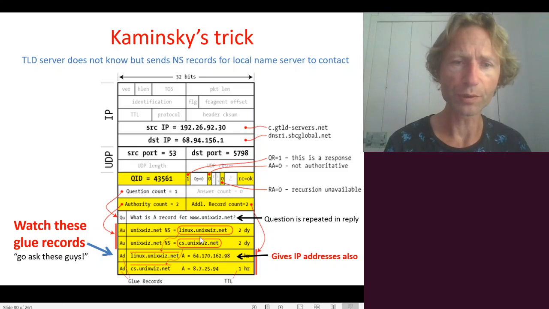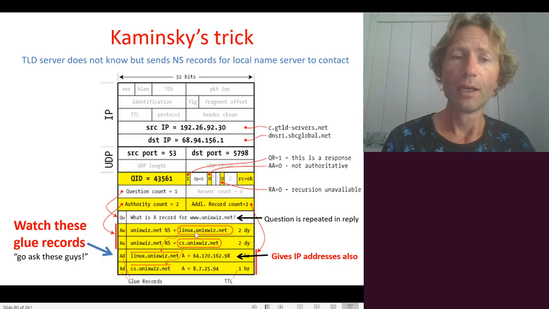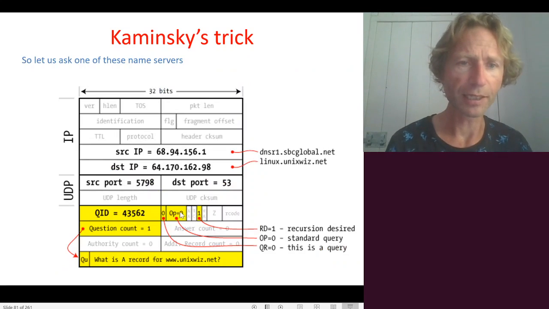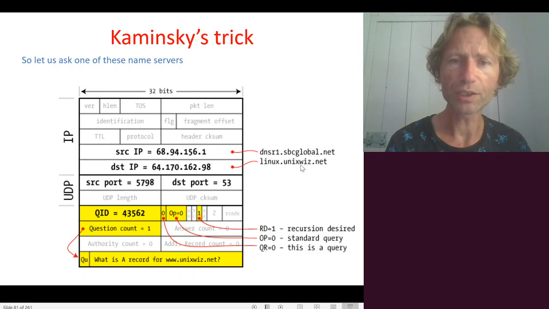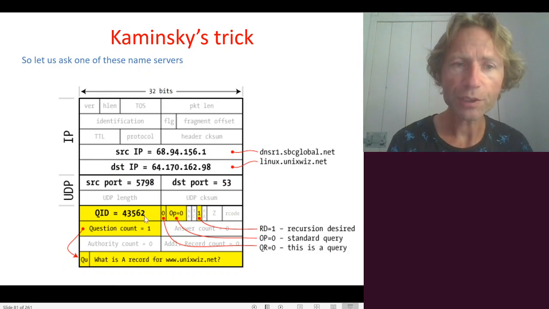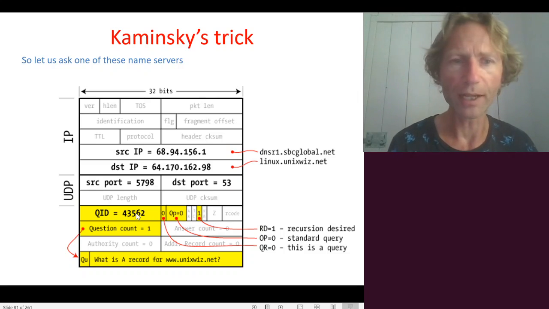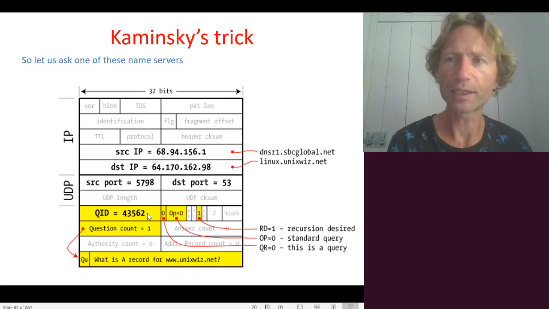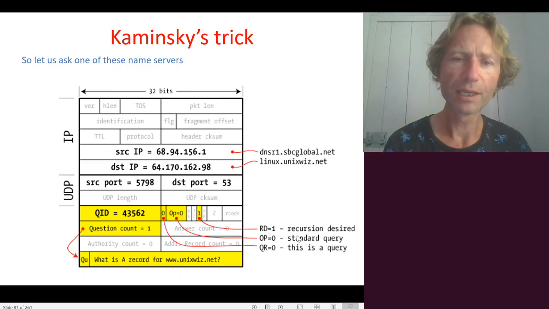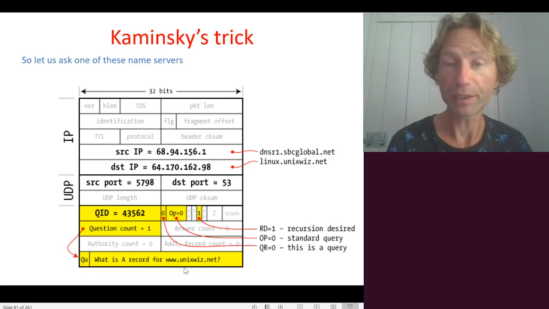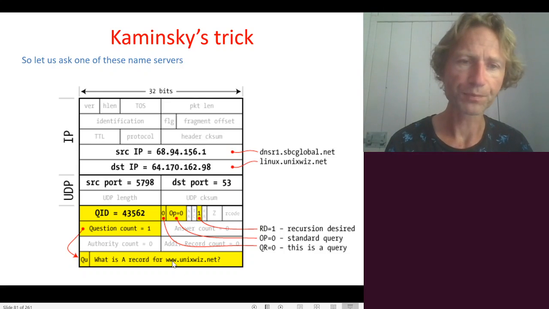What we now do is we're going to contact one of these name servers for unixwiz.net. In this particular case, we've contacted linux.unixwiz.net. This is a new query, so it has a new query ID. It would be a random number, so it wouldn't be just the next one. But anyway, it's a different number than the one that we saw earlier. It's again a request, we ask again for recursion, and we want to know the mapping still of www.unixwiz.net.